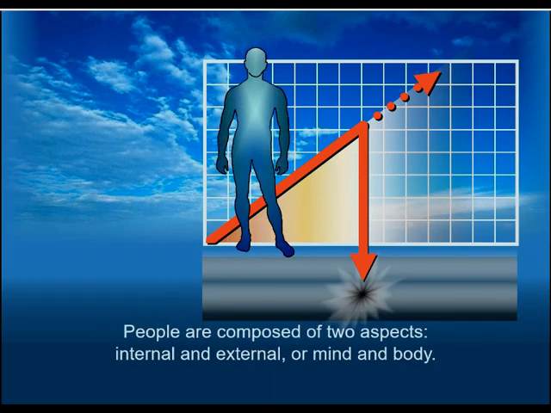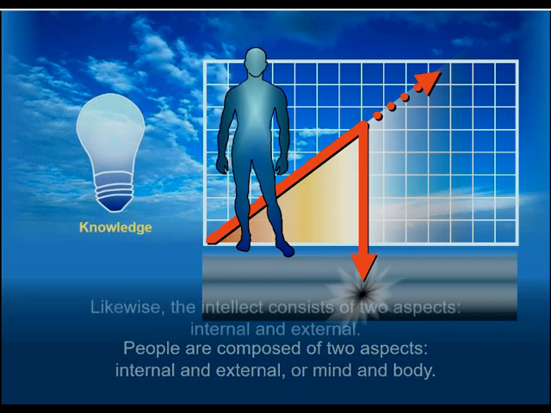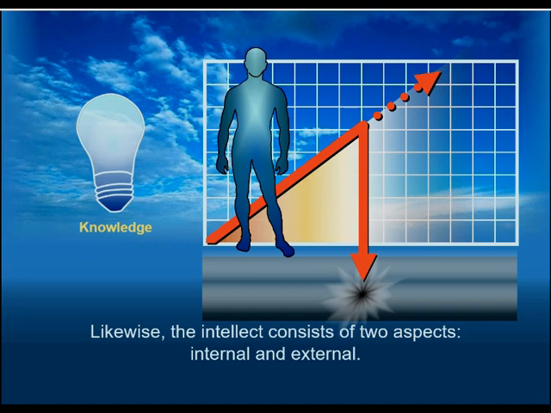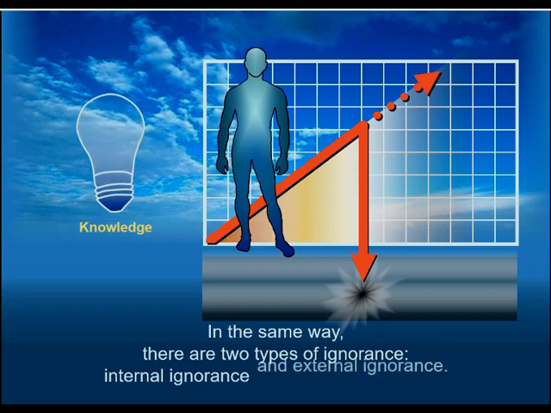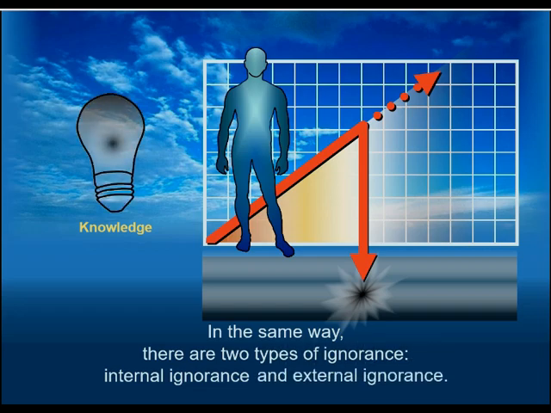People are composed of two aspects, internal and external, or mind and body. Likewise, the intellect consists of two aspects, internal and external. In the same way, there are two types of ignorance: internal ignorance and external ignorance.